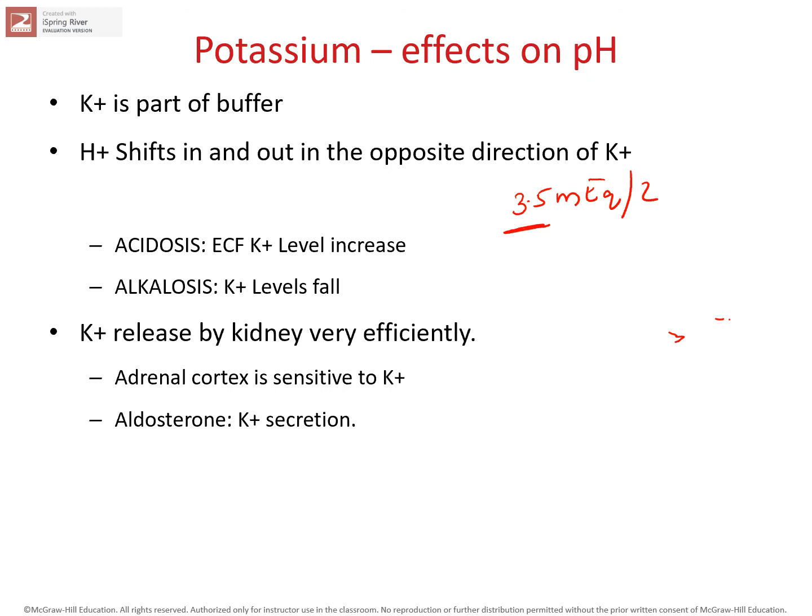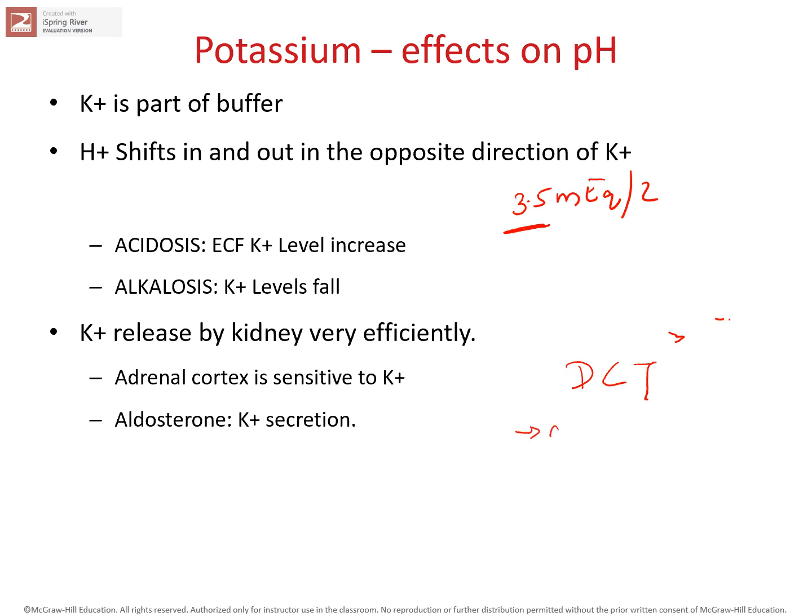Okay. Now, potassium concentration is controlled by active secretion in the distal convoluted tubule in the nephron. Okay, and there are three factors that control how potassium ion secretion varies. Okay, the first one is the concentration.